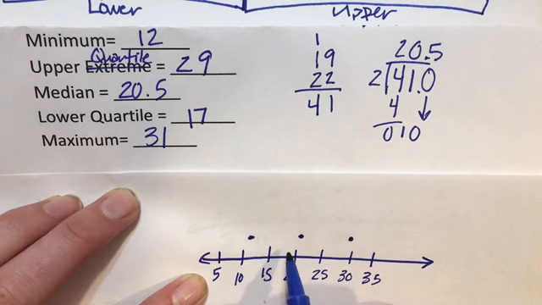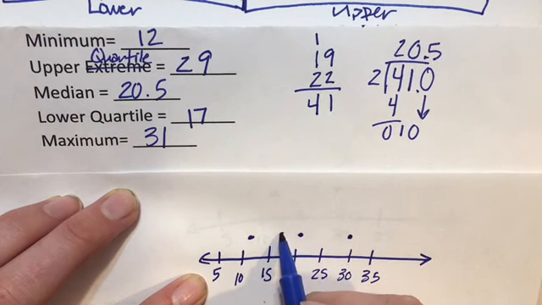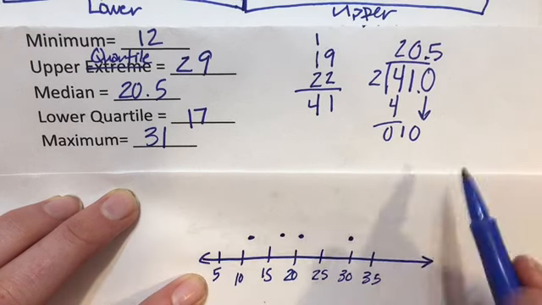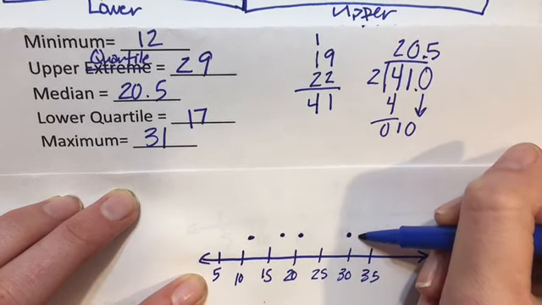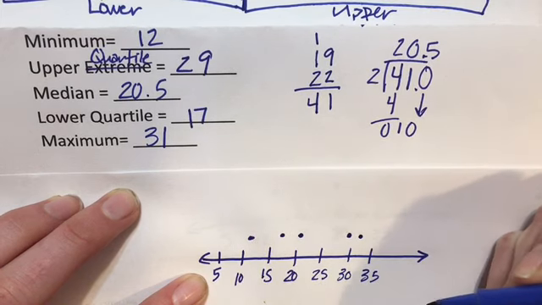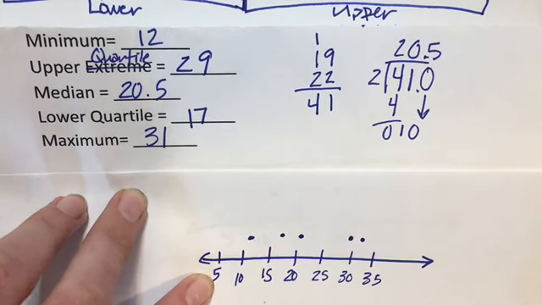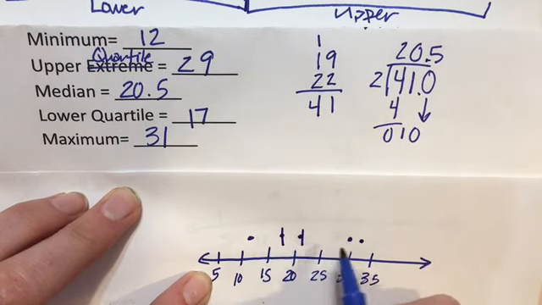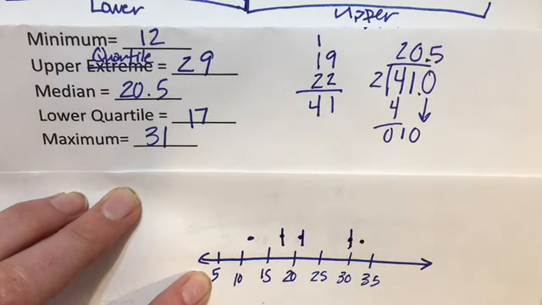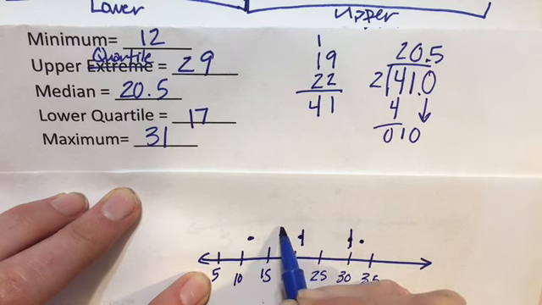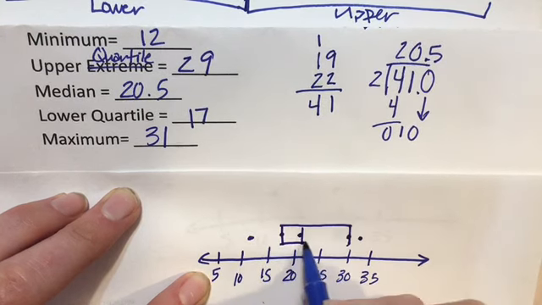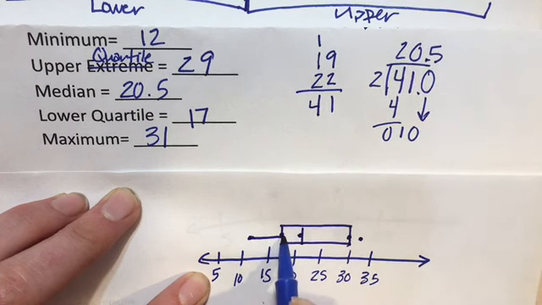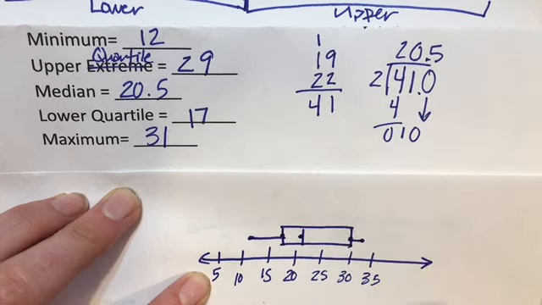Half would be 17.5, so just go a little bit off-centered. And then lastly, our maximum is 31, so a little past 30. Okay, so now we're going to draw in those 3 lines on our lower, middle, and upper quartile, and then connect it into that box. From there, we connect our minimum and our maximum.